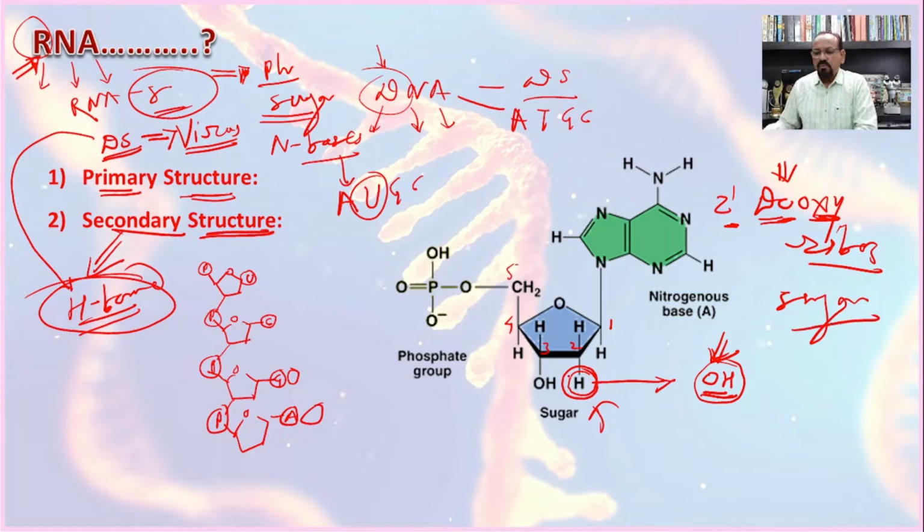So if here the OH is present, it means that it is a ribose sugar, and if this O is removed, that is the oxygen is removed, then it becomes now the deoxyribose sugar.